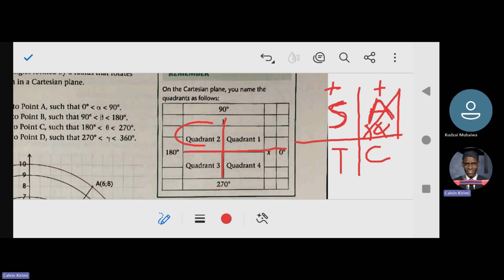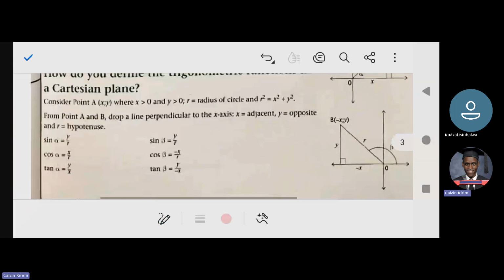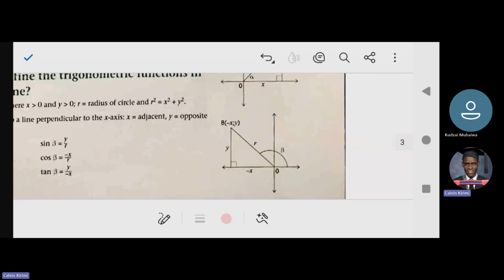Which means quadrant number 2, for example, the angle beta. This beta which we have here is in quadrant number 2. When I was in quadrant number 1, I had an angle like this, where this angle is alpha. It's an acute angle.